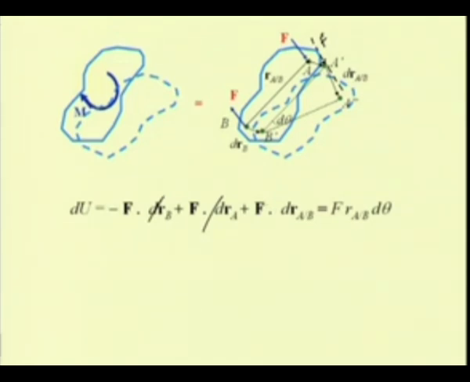In other words, this dot product can be written as the magnitude of this force times the magnitude of this vector times the angle between these two vectors, that is d theta. Because we have this dr_A/B as r_A/B d theta.